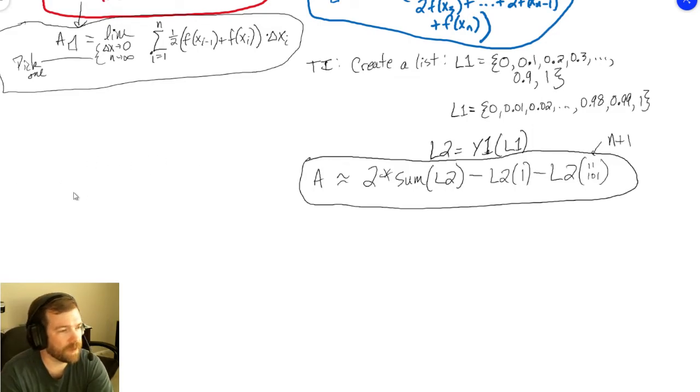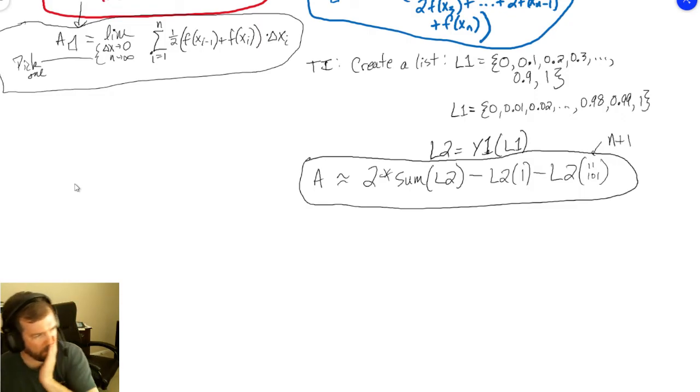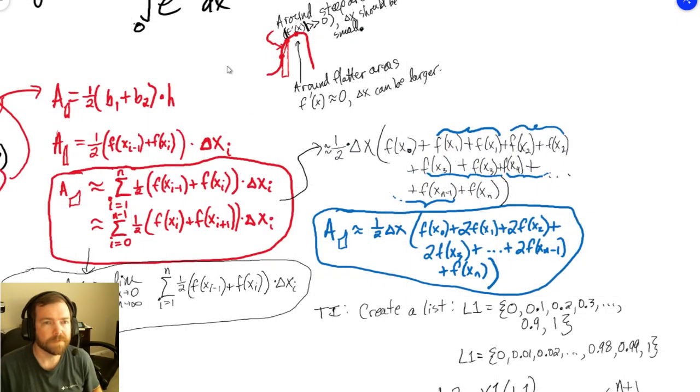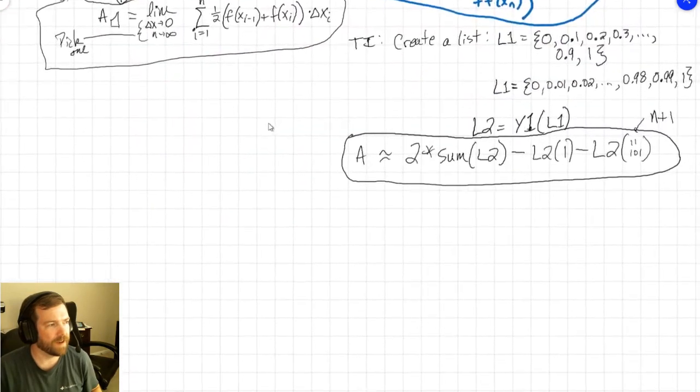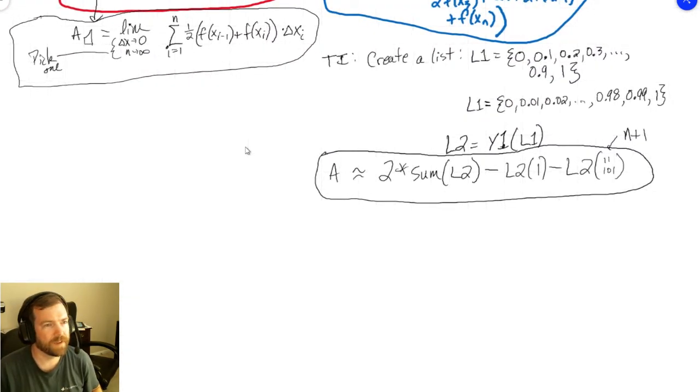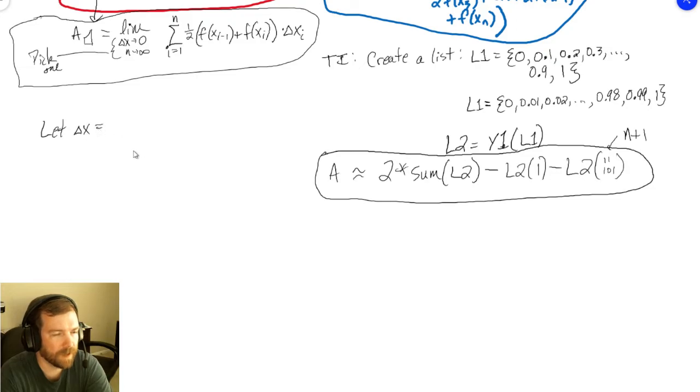All right, so if we look at the original one, the integral from 0 to 1 of e to the x squared dx, we could say, for instance, let delta x be 0.1.